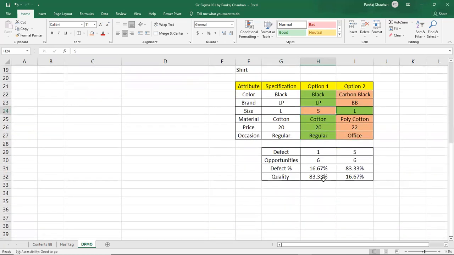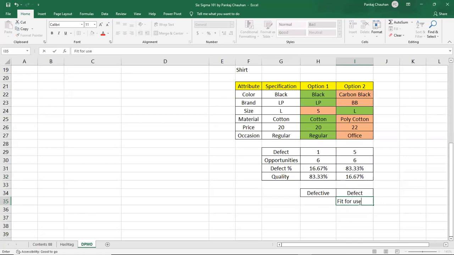So the 83% quality product may be defective, but the 16% quality product will have only defects. The simple difference between defect and defective is when the product is fit for use, like the second product, though it has multiple defects and quality is only 16%, it is fit for use because the size will fit you. While the first product, which has 83% quality, is not fit for use.